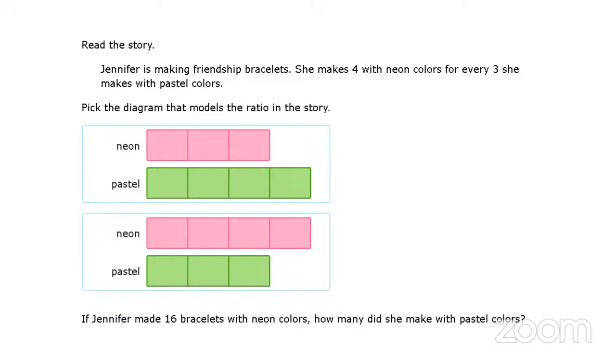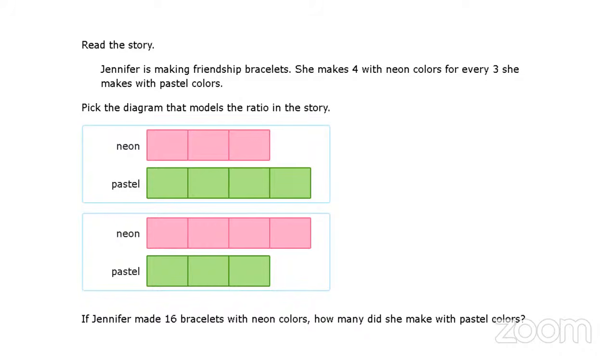All right, so I see persons saying B. All right, let's check out B. I'm seeing lots of persons saying we're looking at diagram B or diagram 2. And I see Kevin Nee saying 3 to 4 and 4 to 3.